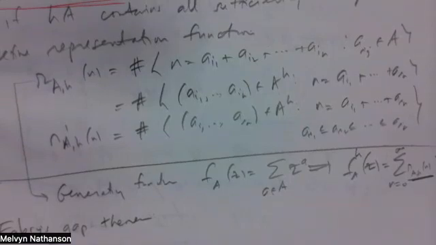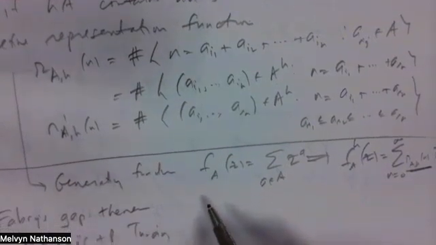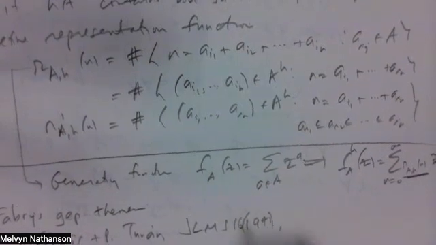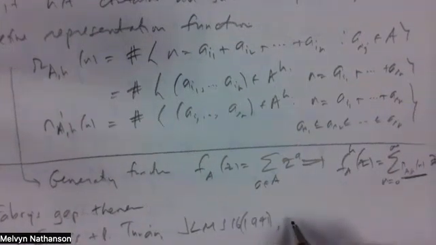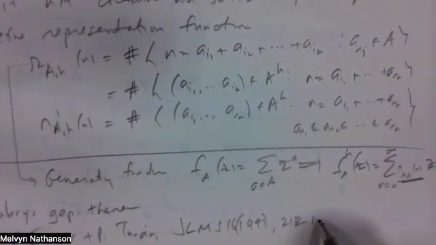It's a paper of Paul Erdős and Paul Turán, which appeared in the Journal of the London Math Society in 1941, volume 16. Very short paper, I think just 3.5 pages long, pages 212 to 215.